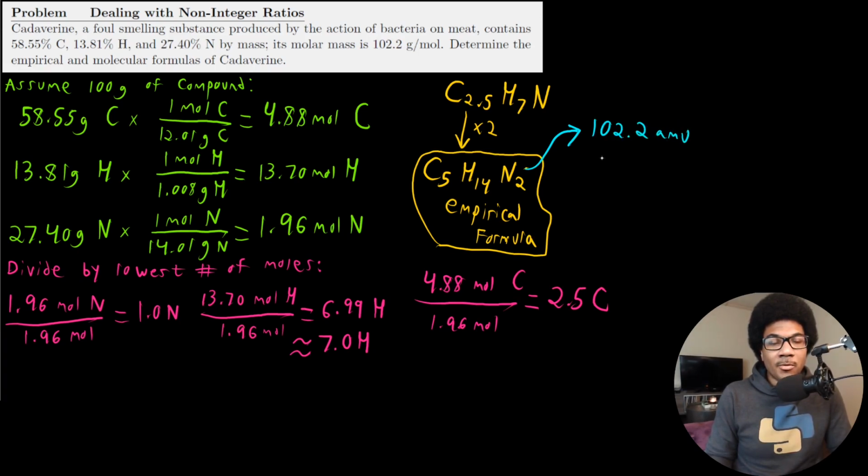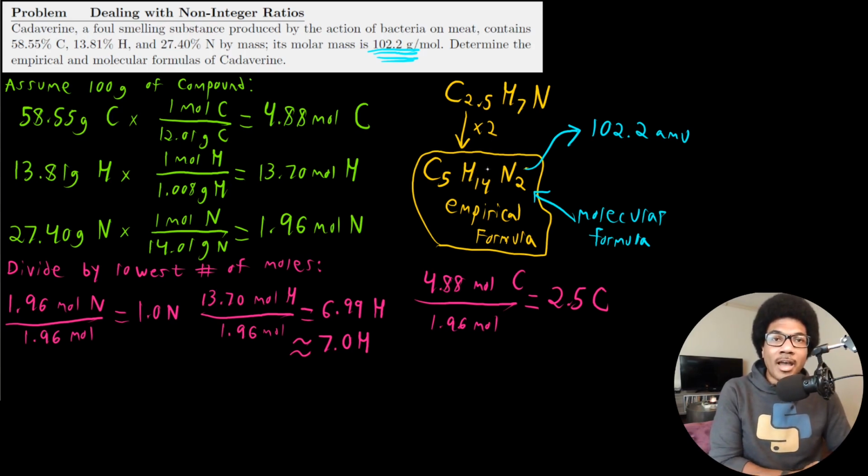And if you check out our problem, that's actually the exact same as the molar mass for cadaverine. So what does that mean? That means that this formula is our empirical formula and it's our molecular formula. It's the smallest whole number ratio and it is the actual composition for the atoms in cadaverine.